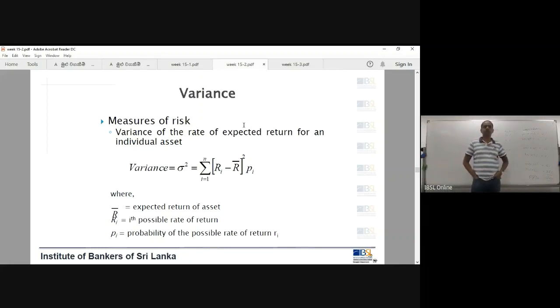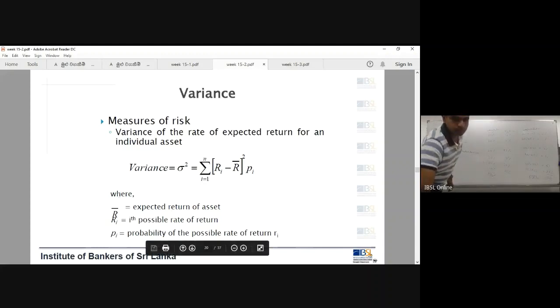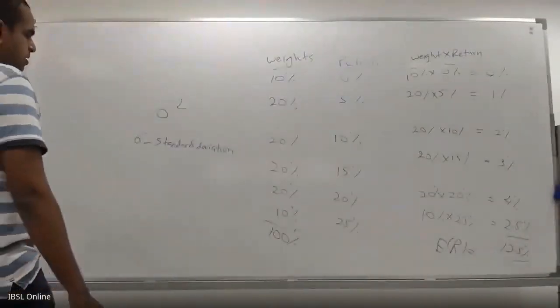Okay. But if you have done statistics, this might make sense to you. Otherwise, don't waste a lot of time on this. But what you need to know is variance. It's a square of risk, right? Sigma squared. Sigma is the standard deviation.